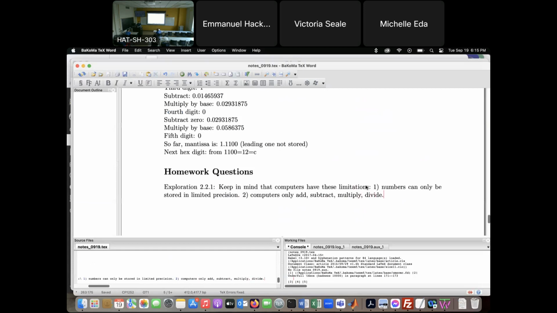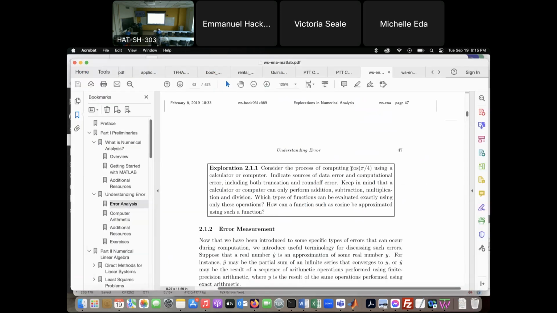It has no others. So, if I ask one of you to tell me what is cosine of pi over 6, if you know your trig well enough, you'd be able to give me the exact value. In this room full of math majors or graduate students, can someone please do that? Cosine of pi over 6. Square root of 3 over 2. All right, very good.